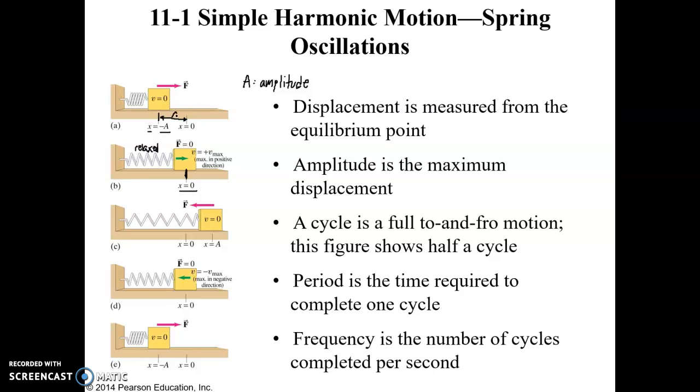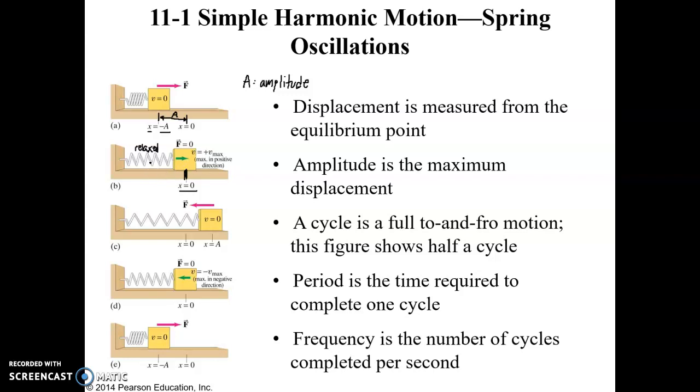When the spring is compressed to its maximum compression, and this box is the farthest away to the left from its relaxed state, we can say that x equals A, or in this case negative A, because it's to the left. Then this compressed spring wants to push it back out, and for just a split second, the spring is in its relaxed state. But of course, it can't just stop immediately.